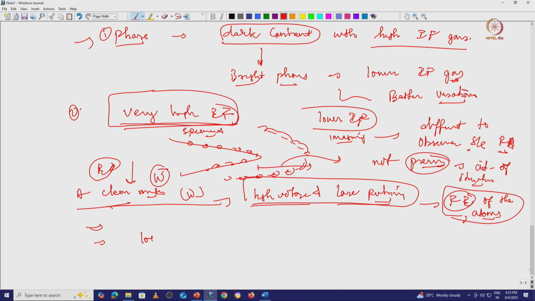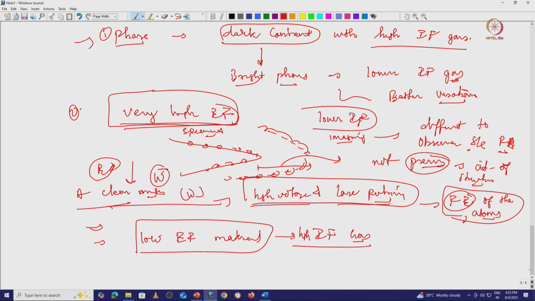If you have a low evaporation field material and it is imaged with a high ionization field gas, this is possible only when the base temperature is kept very low.